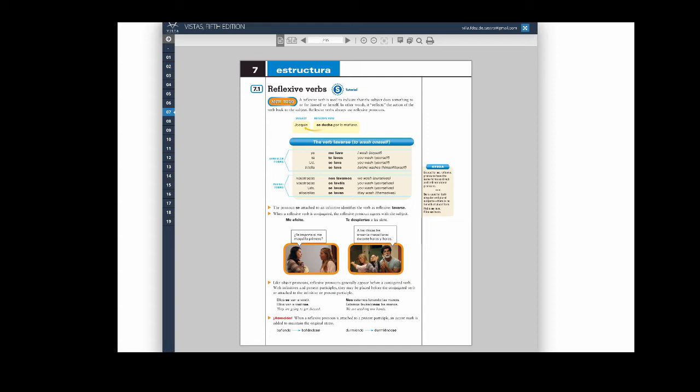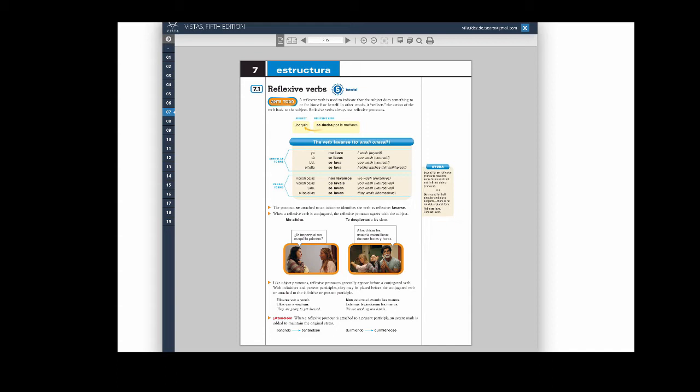This means when it has a person, yo, tú, él, lavo, lavas, lava, the pronouns are going to be detached and in front. But when the verb is part of two verbs together, the first one conjugated, the second one an infinitive or a participle, they can be placed either before or after. They can be linked to one or the other.